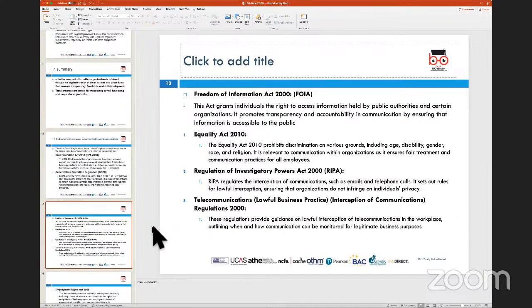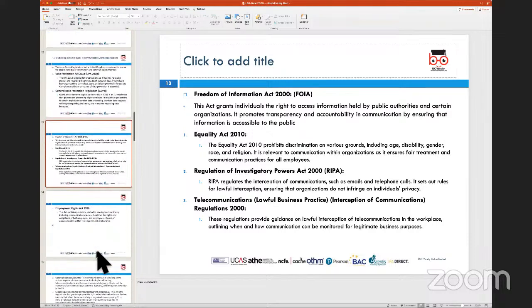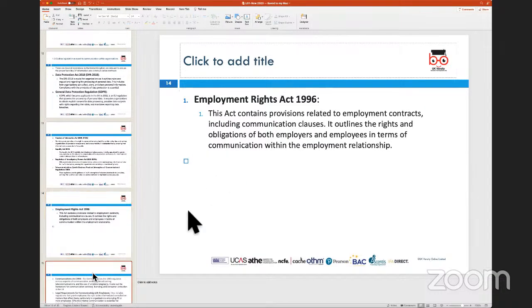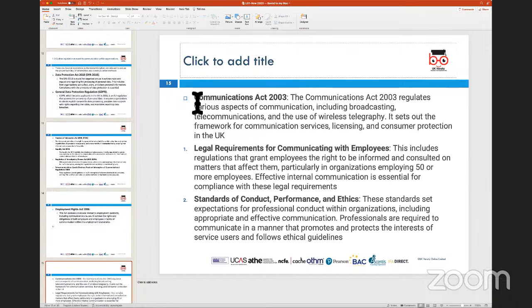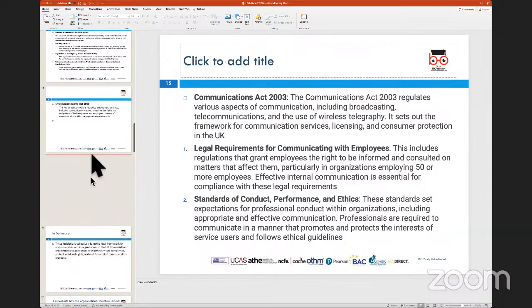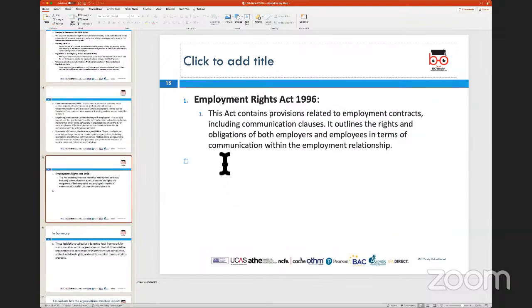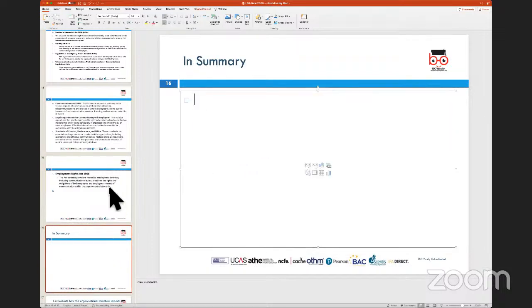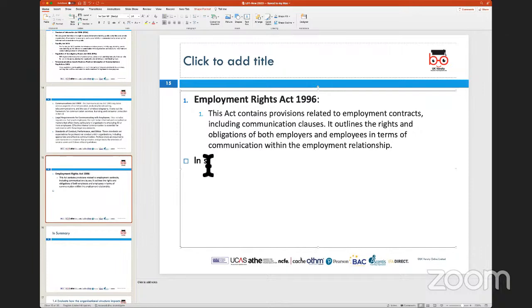And acts like the Telecommunications Act, the Employment Act of 1996, the Communications Act of 2003, and some of the other acts related to the compliance side of things have to be followed in general by organizations when they come out with their policies and procedures.